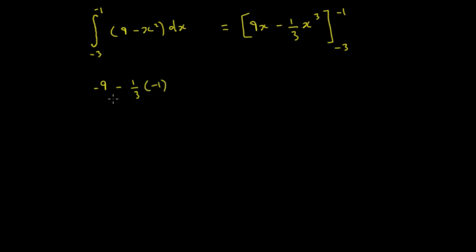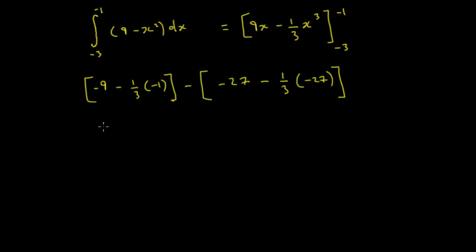That's minus 1. Okay, so that's the first section, and it's going to be minus the next value here. So it's going to be 9 times minus 3, which is minus 27, and it's going to be minus 1 upon 3, and it's going to be minus 3 cubed. So 3 times 3 is 9, times 3 is 27.